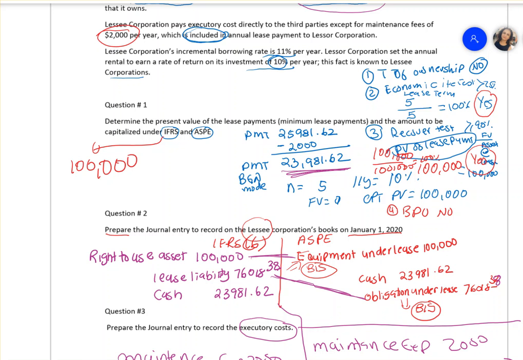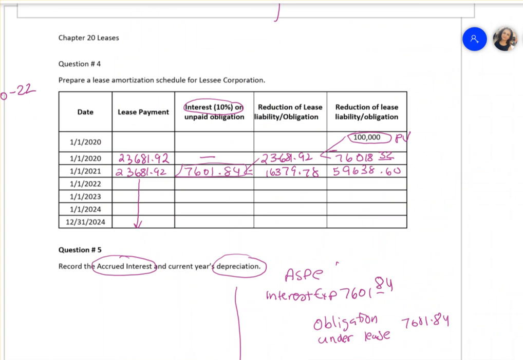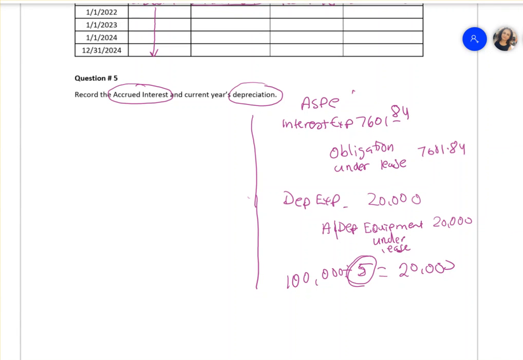So when you do the title transfer and the bargain purchase option, if we said yes to these two options, then we amortize the asset over the life of the asset.